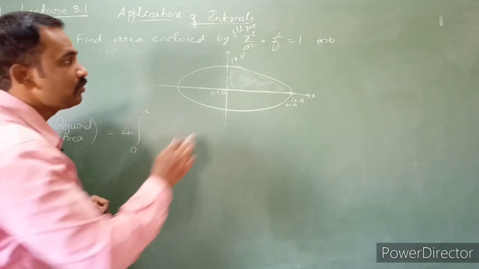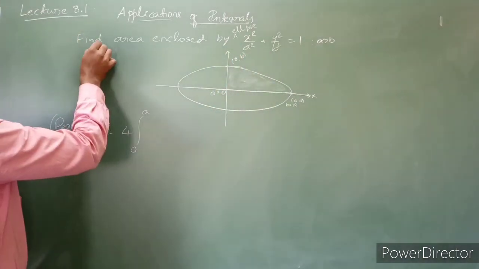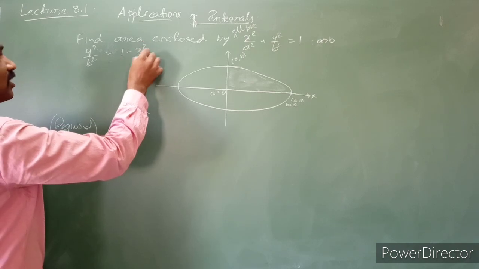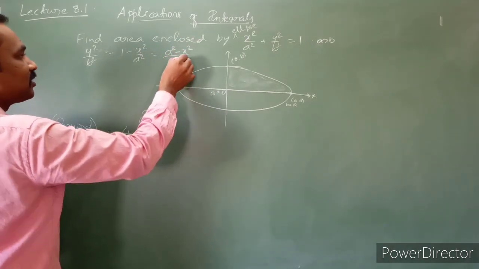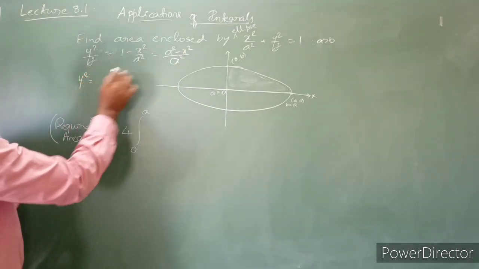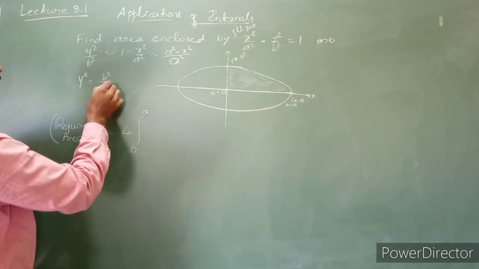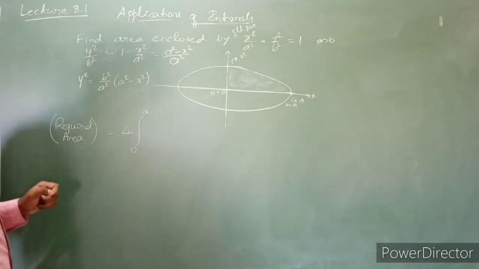We need the y value. Resolve it from the equation: y square by b square is equal to 1 minus x square by a square. Taking the LCM, a square minus x square divided by a square. Now we need y square. Y square is equal to b square divided by a square into a square minus x square.